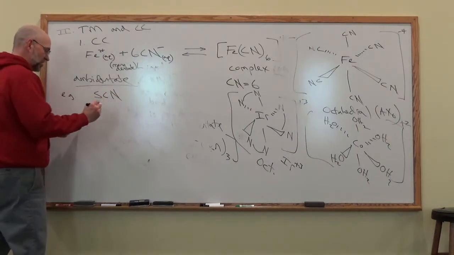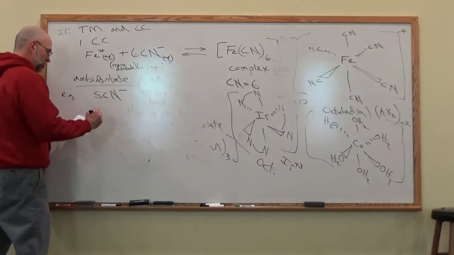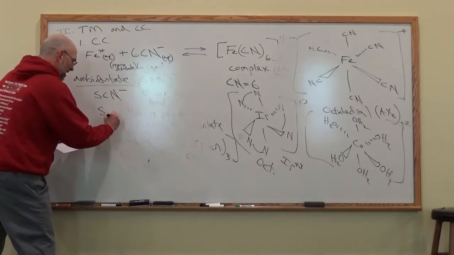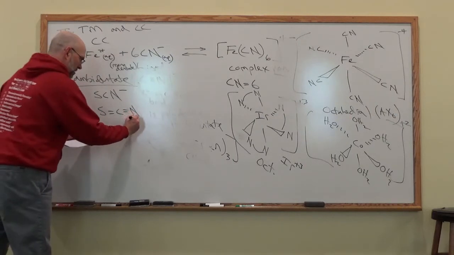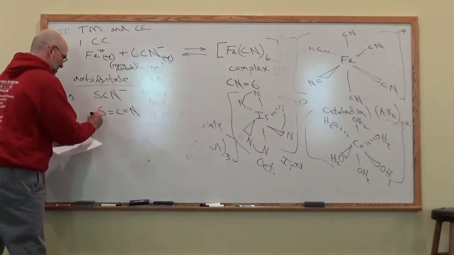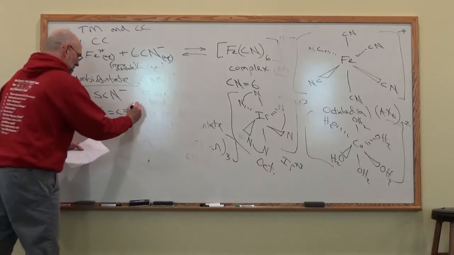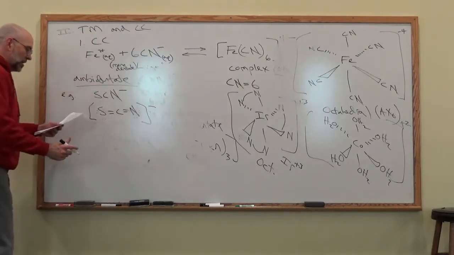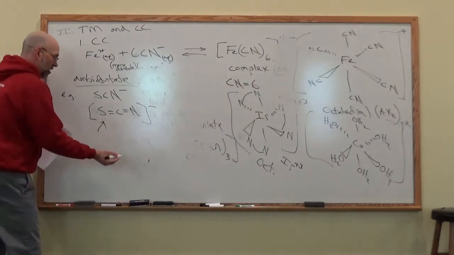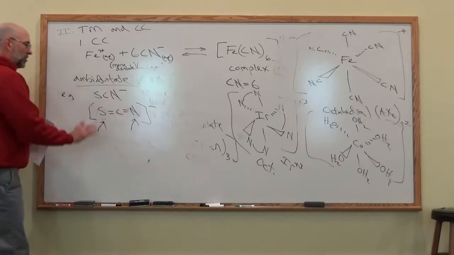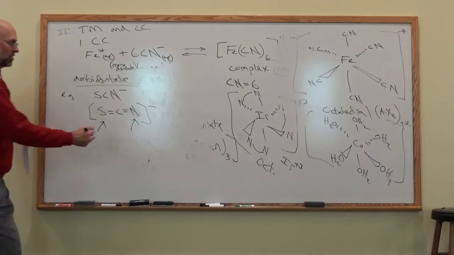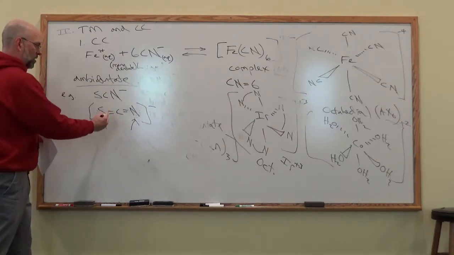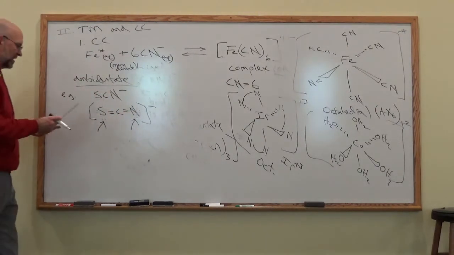SCN, thiocyanate, has this structure. And when you would draw it out, it would look like this. It can grab either there or there. So that's ambidentate. And you're actually given two different ones. Is it N or S? Which side? So just be aware of that definition.